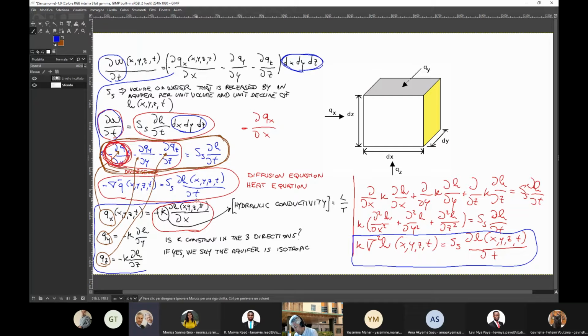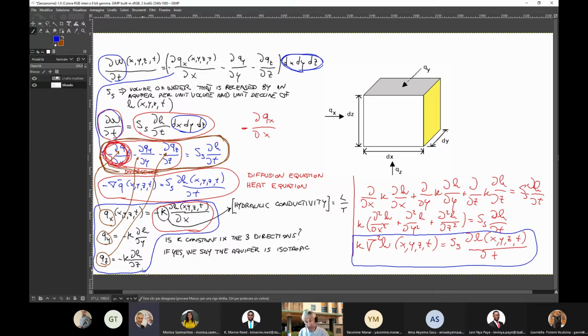And once I know H, the hydraulic head, with Darcy's law, I can describe the flow in the three directions of space. So what I got at the end is a description of how water moves in the underground, which is, from a technical point of view, extremely useful.